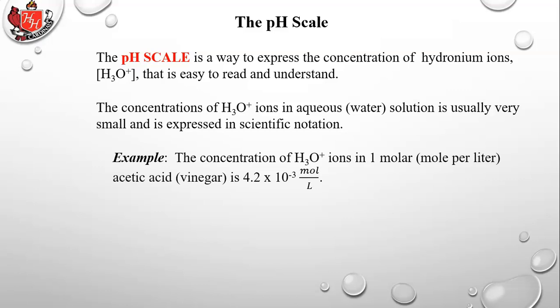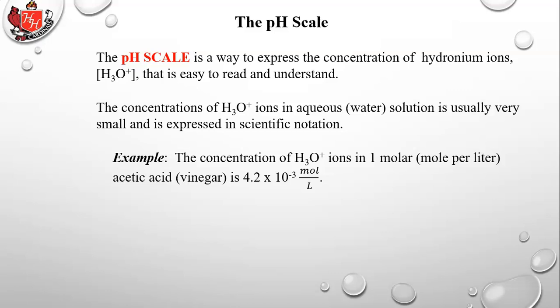So for example, the concentration of H3O plus ions in 1 mole per liter of acetic acid vinegar is 4.2 times 10 to the minus third. So what does that mean? It means you have 4.2 times 10 to the minus third moles of acetic acid for every liter of water.